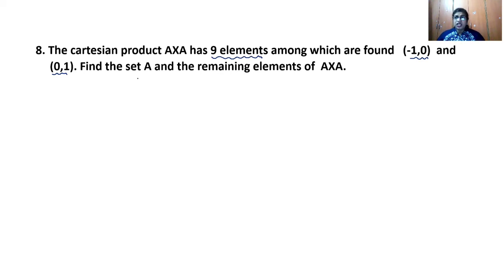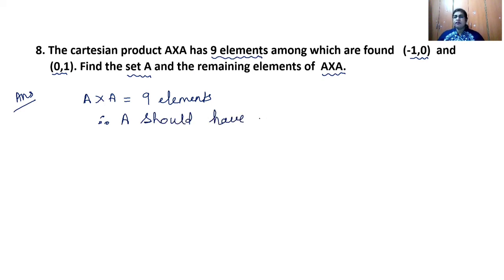The question asks to find the set A and the remaining elements of A cross A. First I need to find the set A. If A cross A has 9 elements, then A should have 3 elements.